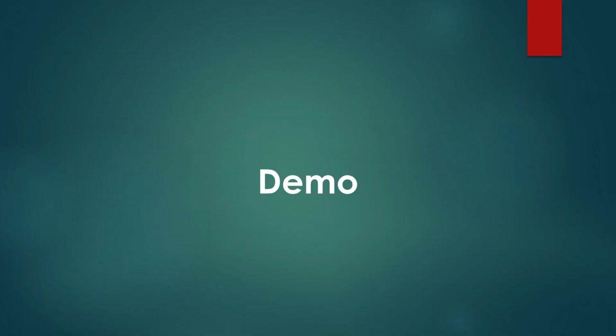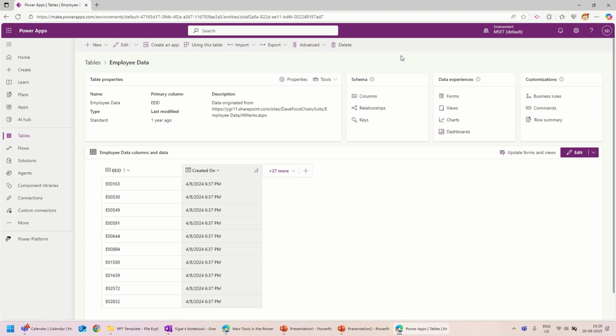Let's start with the Dataverse Prompt Column demo. The first feature that we are going to talk about, which is newly added, is the prompt column, the new data type available in Power Apps.